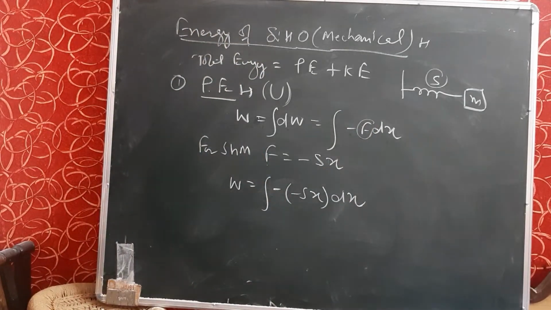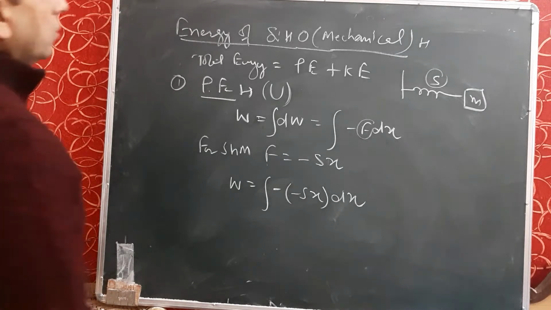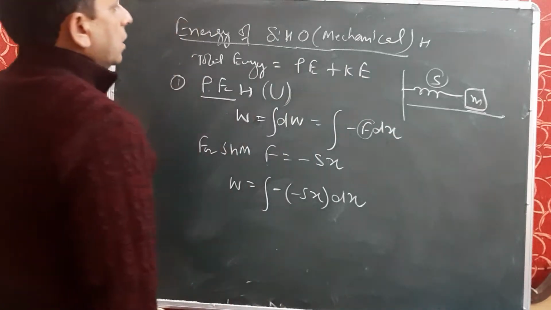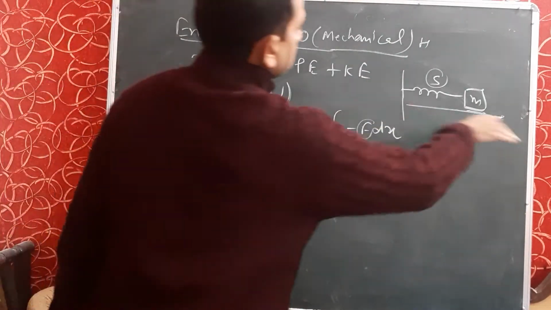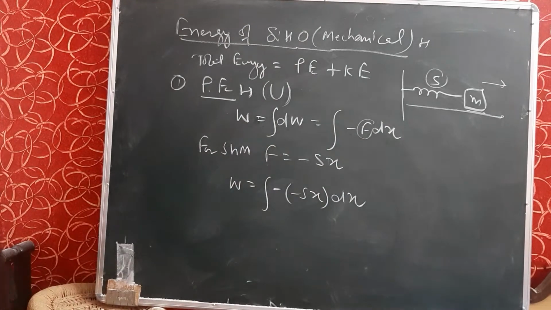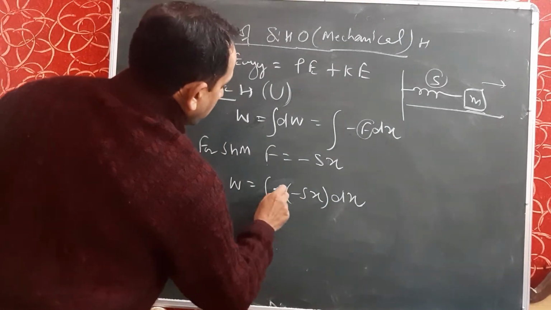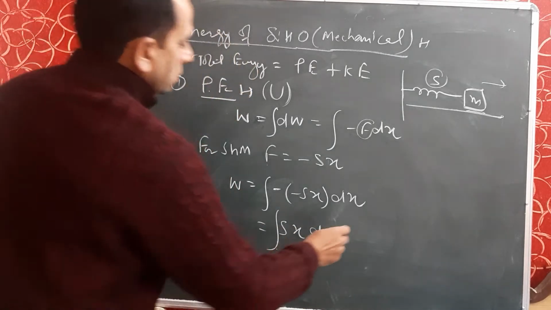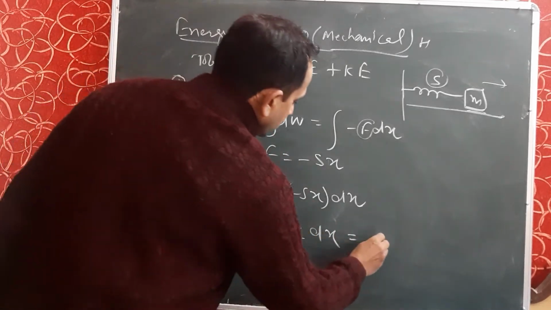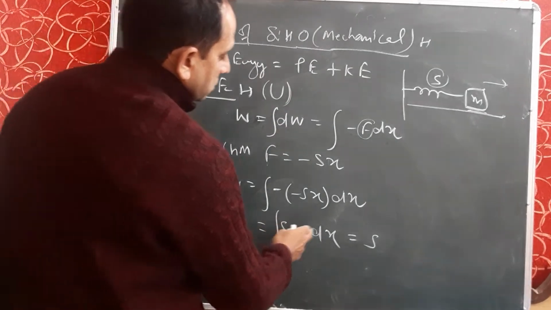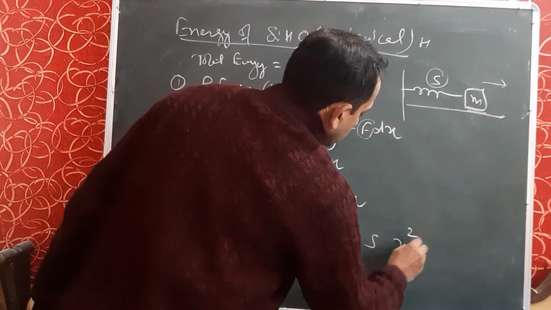I am writing the displacement as x instead of y, because this harmonic oscillator is moving along the x axis. So it is minus into minus, plus the integral of Sx dx, and S is constant, so it can be taken out, and the integral of x with dx is x square by 2.